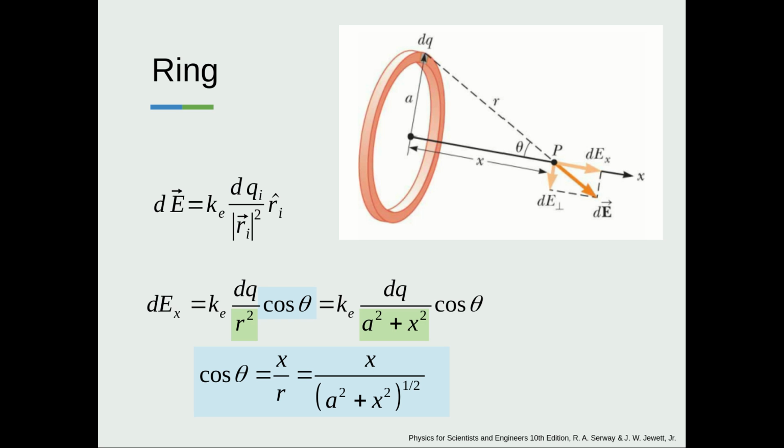And for the cosine theta, we rely on the geometry again. So now the cosine theta is x divided by r, this one. And then you use the same equation to turn r into a function of x. And the cosine theta is just, we're going to put this one into here.